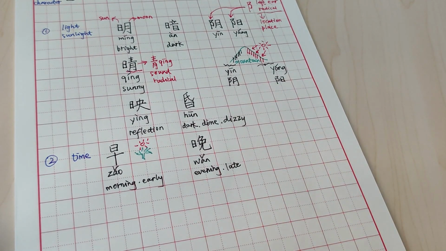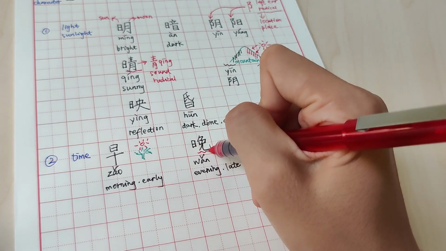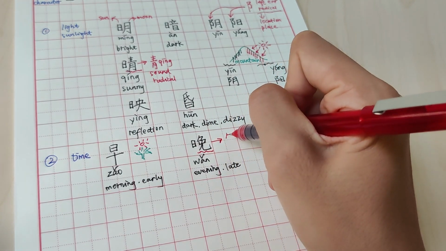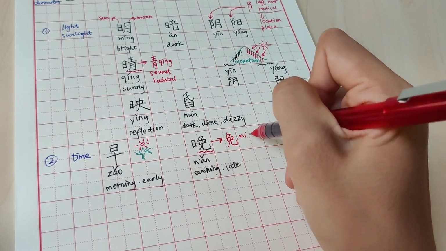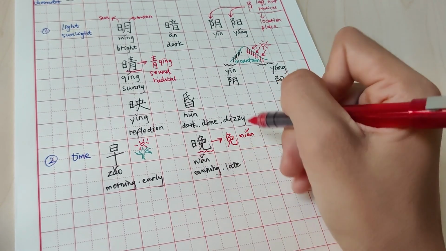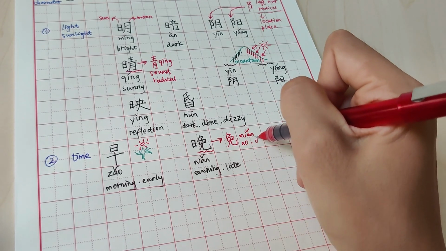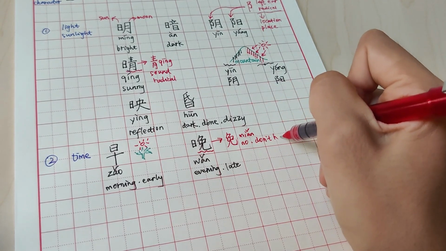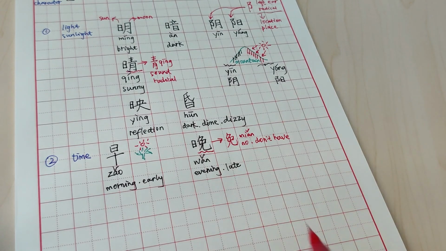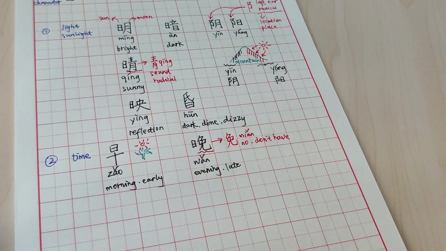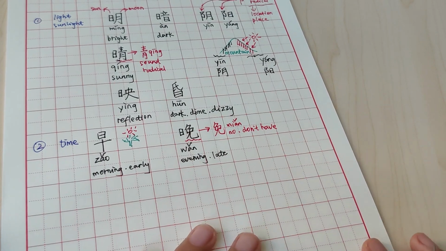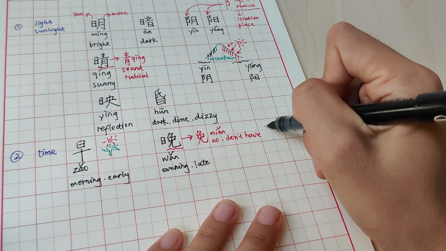An interesting part of it, this part of it is 免, and it means no, don't have. So no sun. In the evening, there is no sun. All right, makes sense?